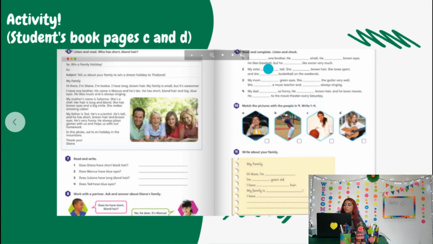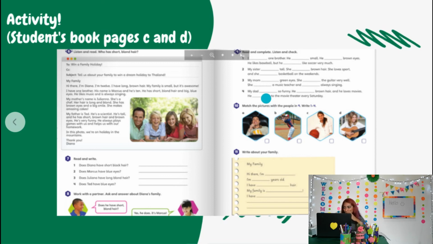Okay? So, depending on the description of the people, you are going to say, for example, number 1 has a brother, small, brown eyes, likes basketball, and other things. So you're going to find out which one of these is number 1.